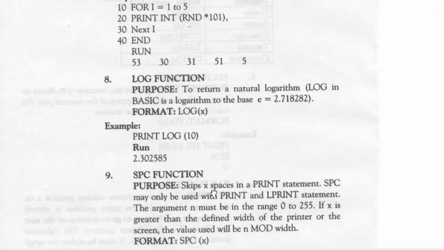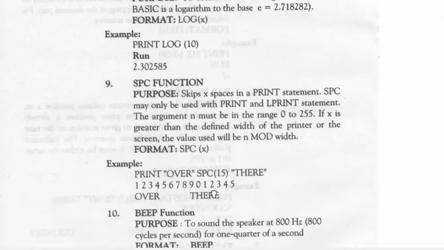Next is SPC function. Purpose: keeps X spaces in a print statement. SPC may only be used with PRINT and LPRINT statements. The argument n must be in the range 0 to 255. If X is greater than the defined width of the printer or the screen, the value used will be n mod width. Format: SPC(X).